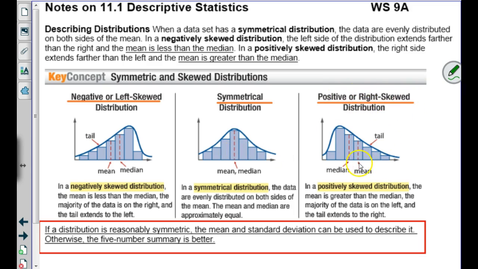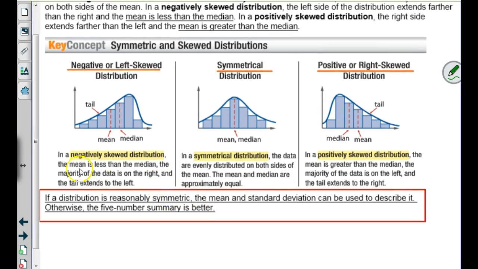Positively or right skewed data means most of the data is bunched up down here and it's spread out up here. It says the mean is less than the median for the left skewed, so the average is being dragged down to the left. Most of the data is up here. The mean and median are the same on symmetric, and this one says the mean is greater than the median. So the average has been dragged to the right by some outlying data out here.